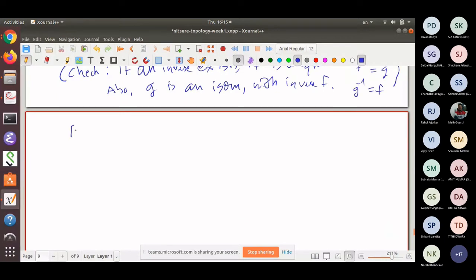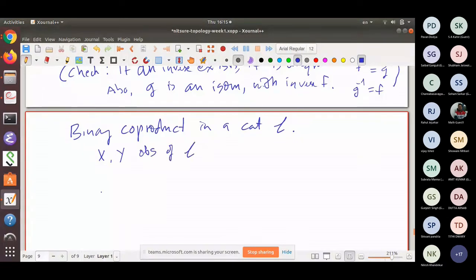So let's introduce coproduct in a category C. X, Y are objects. And this binary coproduct is a triple again. There is yet another object.